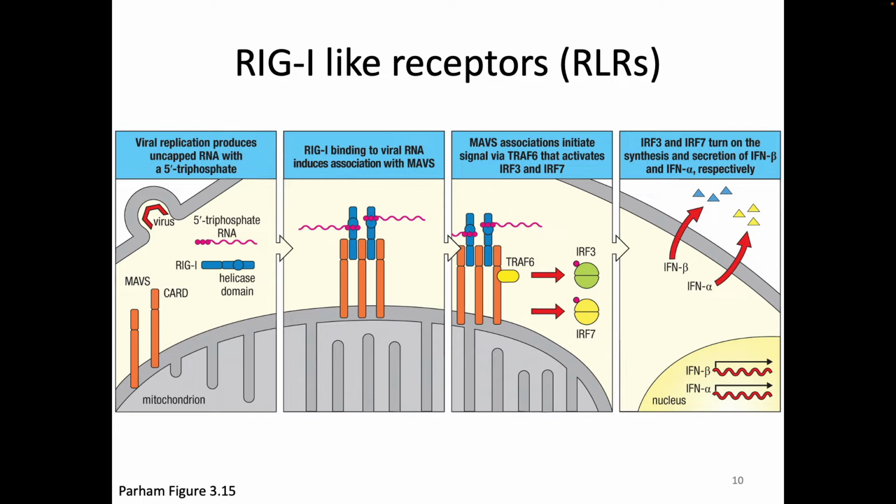And so yes, on this and other slides, you can see that there are other components of the signaling cascade that are important here. But what we're going to care about is who's the PRR, who's the transcription factor in most cases.